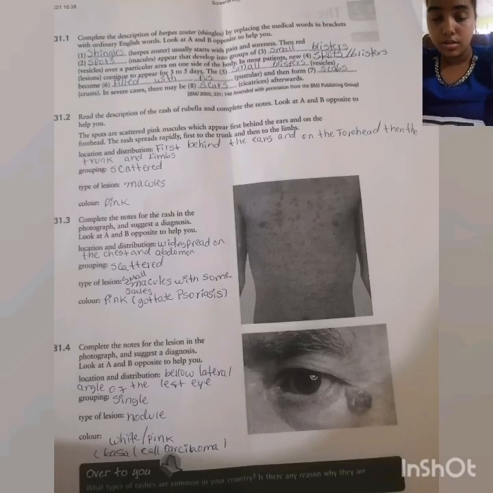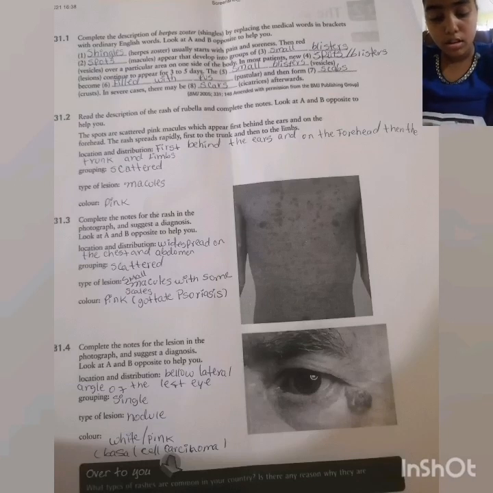Location and distribution: first behind the ear and on the forehead, then the trunk and limbs. Grouping: scattered. Type of lesion: macular. Color: pink.